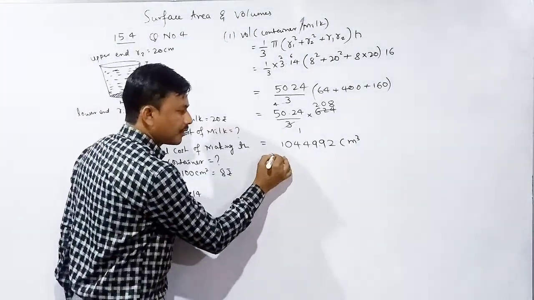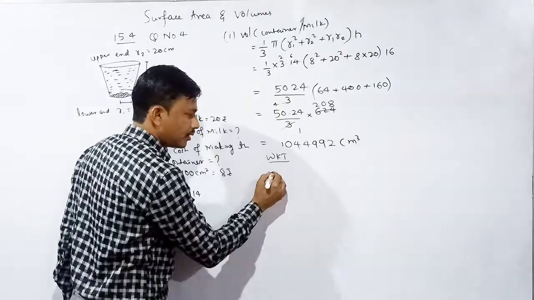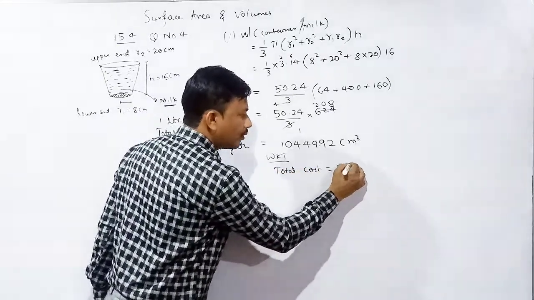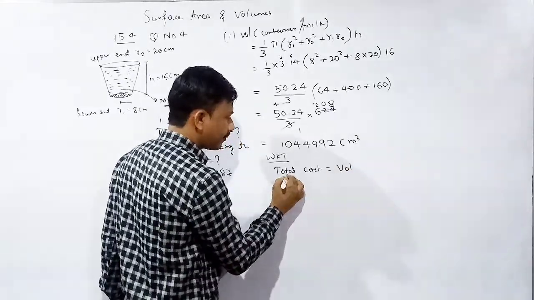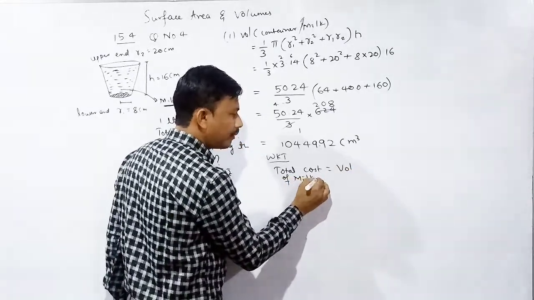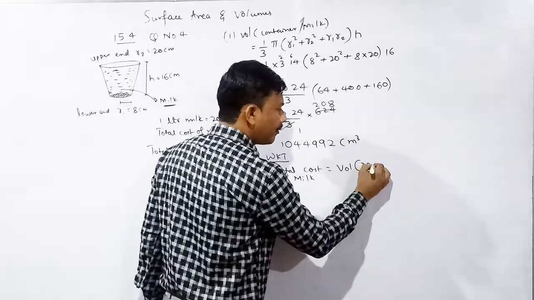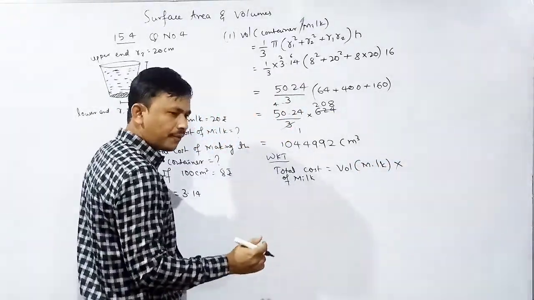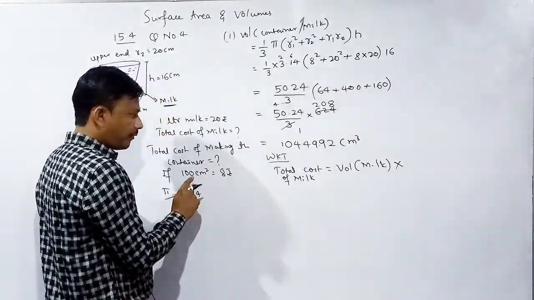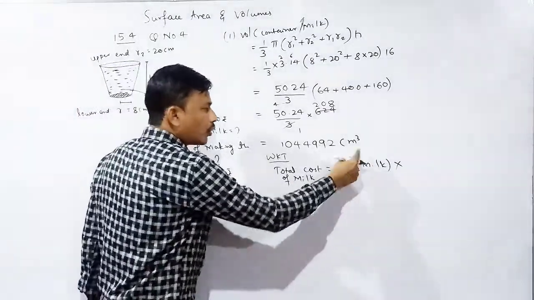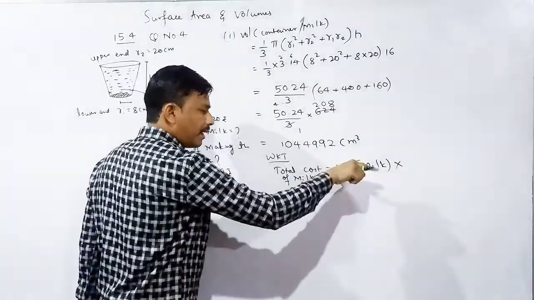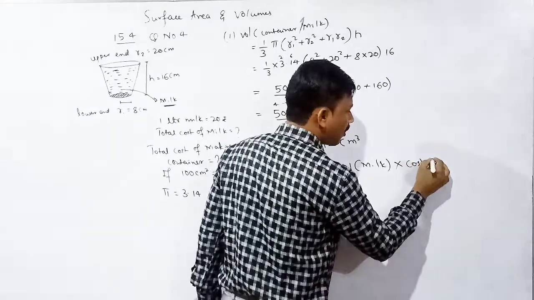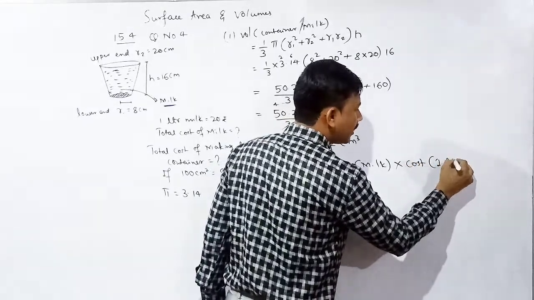We know that total cost of milk is equal to volume of milk into the cost of 1 liter of milk.